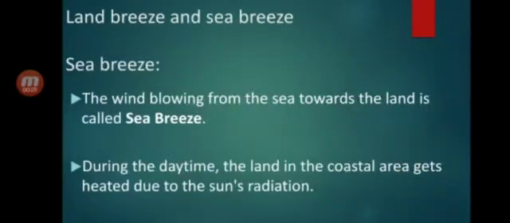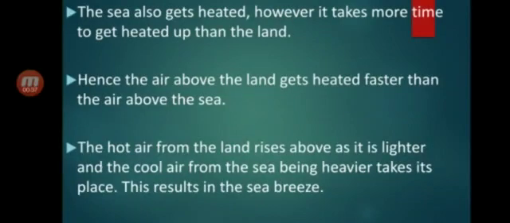During the daytime, the land in the coastal area gets heated due to the sun's radiation. The sea also gets heated. However, it takes more time to get heated up than the land.